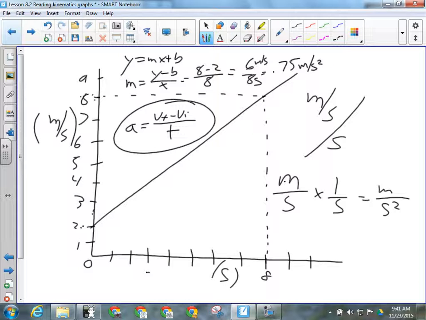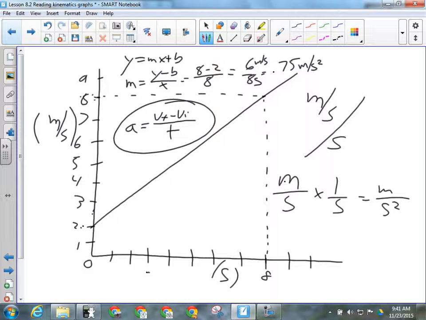We want to find out the total displacement of this object. What did we do the last time I asked you to do that? Right, we multiplied the average velocity by the time. But that assumed that we started at, did we start at 0 here?